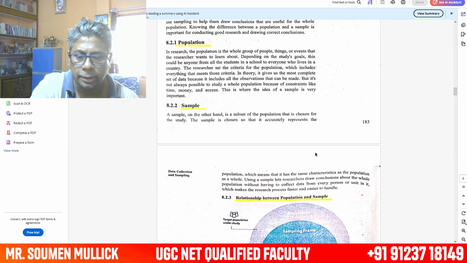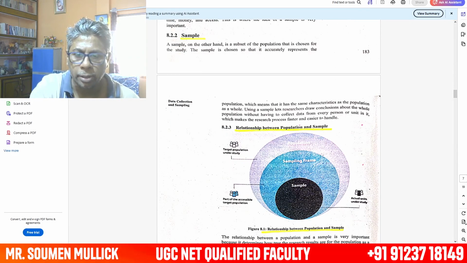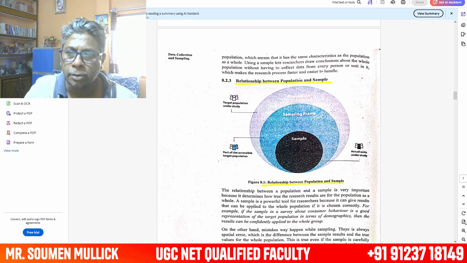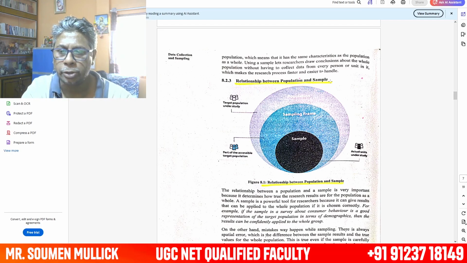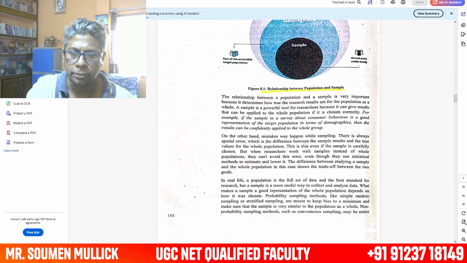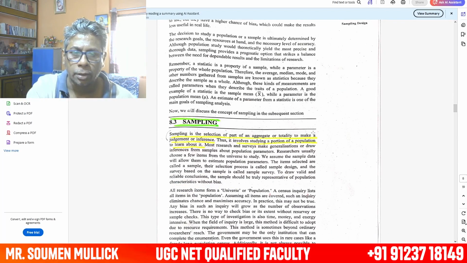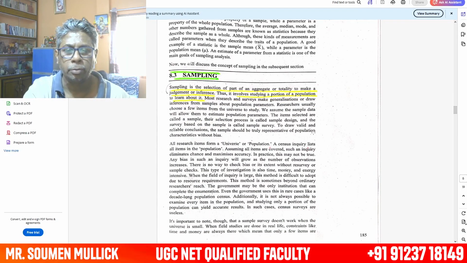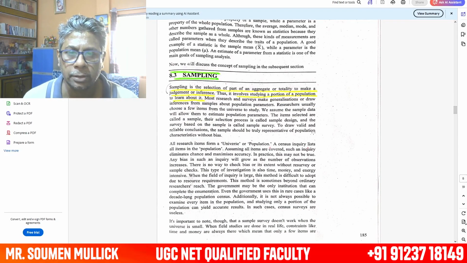I have already discussed what is population and sample. As an example, the relationship between the population and sample: this is the whole universe, the sampling frame, and this is a sample. Now come to the concept of sampling.